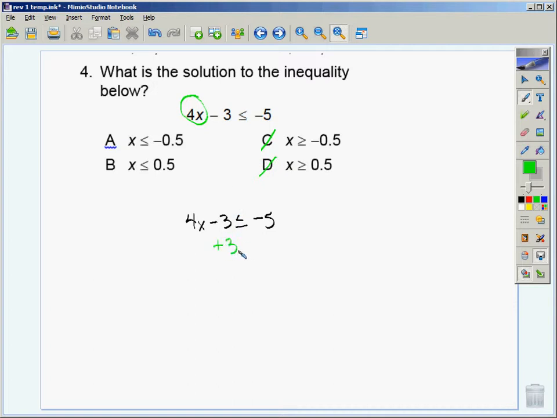I would have added 3 to both sides. I'd have had 4x is less than or equal to a negative 2. I really wouldn't have had to work it out any further because my answer is going to have a negative in it. The answer is A. When I divide a negative 2 by 4, I get x is less than or equal to a negative 0.5.